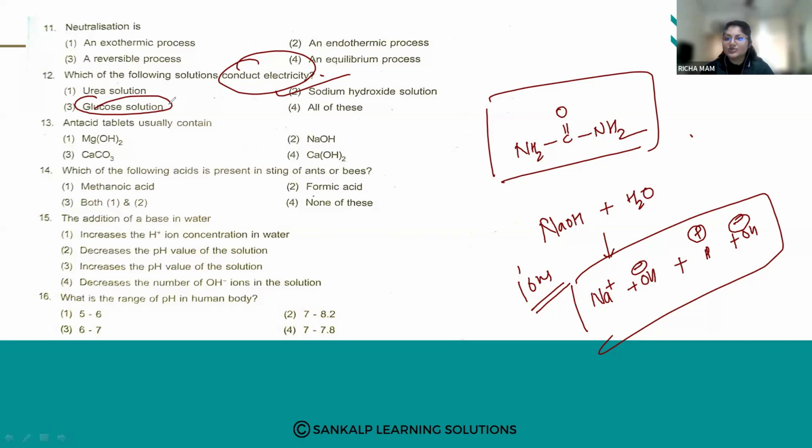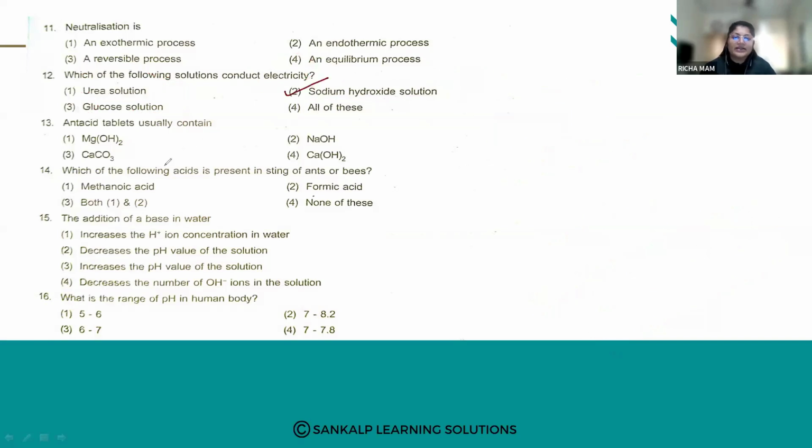So it is considered a non-electrolyte. Urea is also a non-electrolyte. Sodium hydroxide is an electrolyte because it readily dissolves in water and dissociates into free ions. Okay, fine. Let us go for the next one. I hope it is clear. So our answer is the second one.